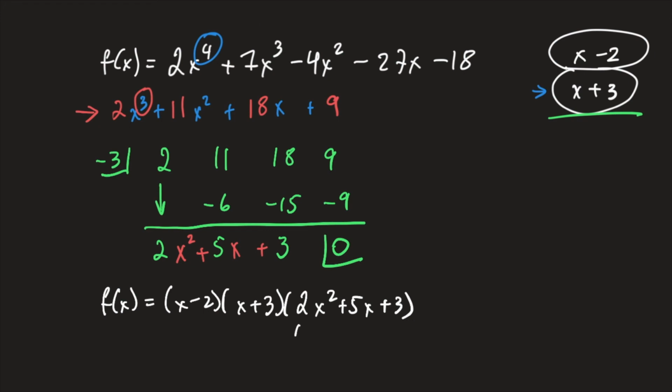And in this case, again, this is factorable into 2x plus 3 and x plus 1, which means I can replace this quadratic with 2x plus 3 and x plus 1. Now to find roots, all I have to do is set each one of these parentheses equal to 0, and that will give me all of the zeros of the function.